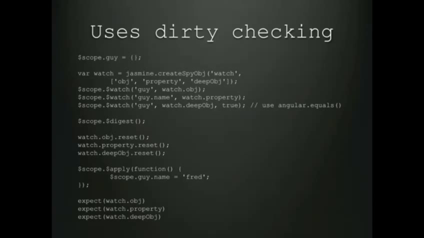So let's see here. Dirty checking. This is how Angular keeps track of those changes that happen. That's what I just mentioned, it's actually going through every watch. Now, it's important to realize it's not actually going through everything on your scope. Things can be on your scope, and it's not going to keep tabs on them unless you put it in an expression on a template, or you explicitly add a watch to watch it.